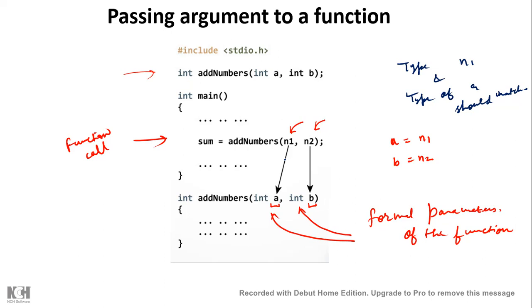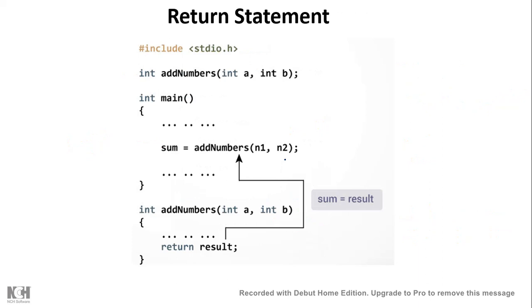Now let's move on to the return statement. The return statement terminates the execution of the function and returns a value to the calling function. That means inside main we have called the function in this line.